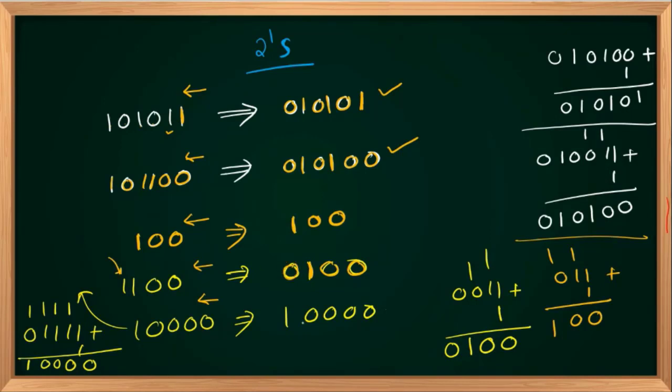Similarly, here I'm traveling towards left, repeating until I observe a 1. I'm observing a 1 here, so I'm repeating up to that. So that is a simple shortcut to identify 2's complement of a binary number. You need not take 1's complement, then add a 1. That is a lengthy process. So directly you can write the 2's complement of that particular binary number.